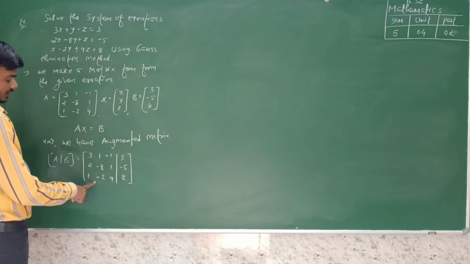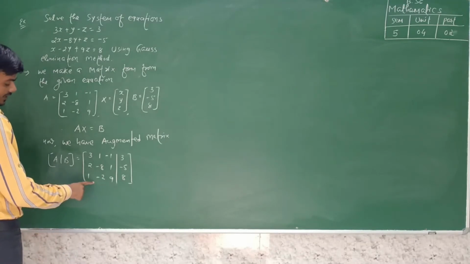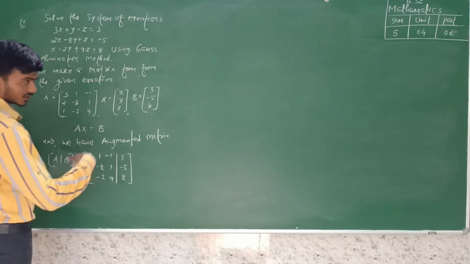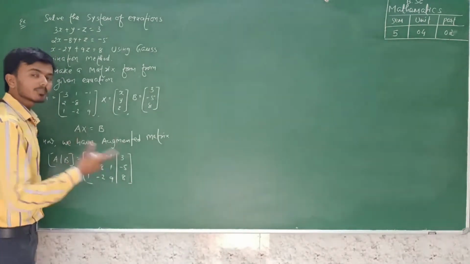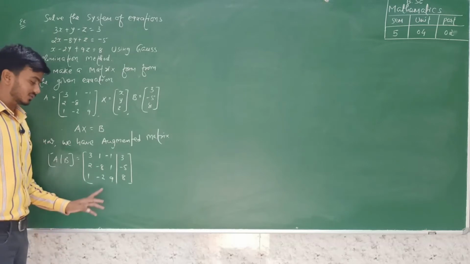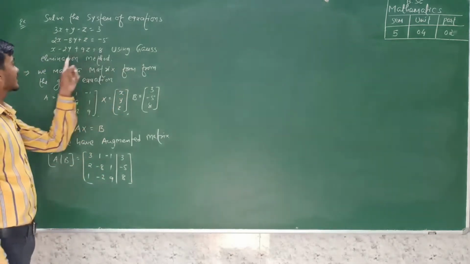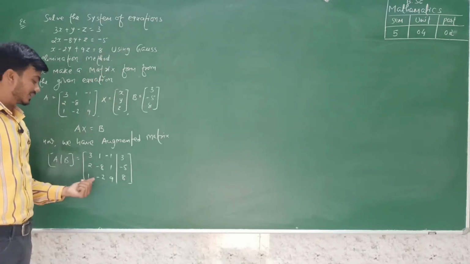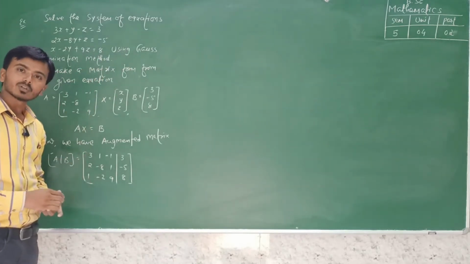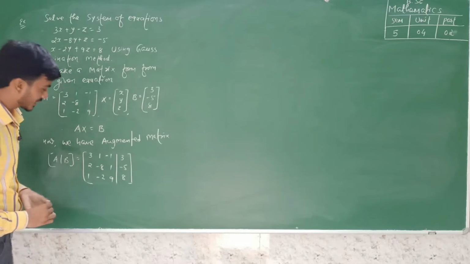In this matrix, we try to transform it into an upper triangular matrix because we are using the Gauss elimination method.